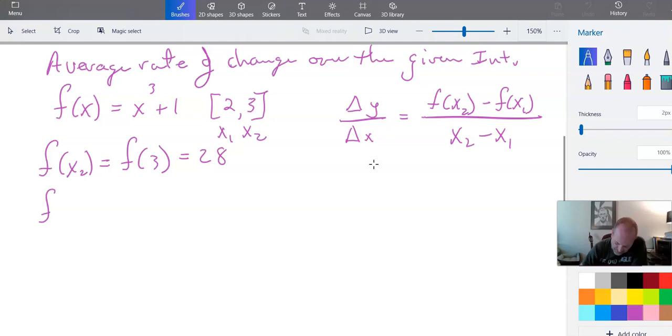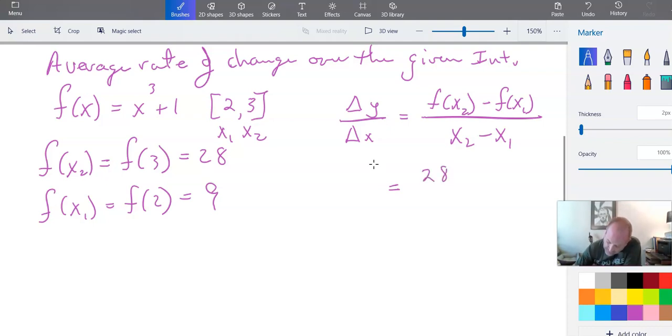Okay, and then f of x1 would be f of 2. 2 cubed is 8 plus 1 is 9. Right? So we can plug all this stuff in now. So we get f of x2, that's 28, minus f of x1, which is 9, and then x2 minus x1, which is 3 minus 2, right?